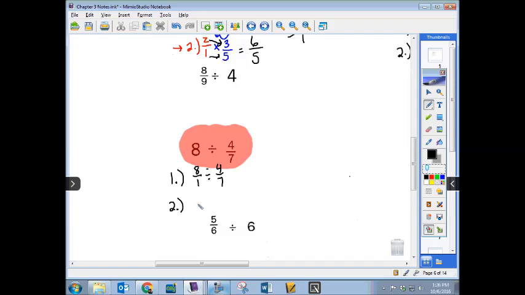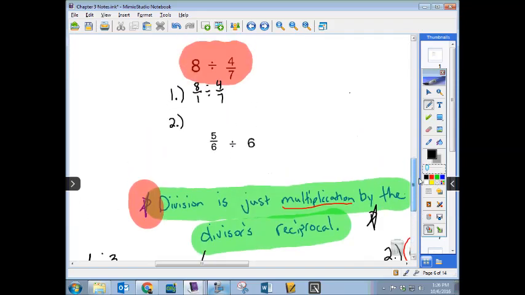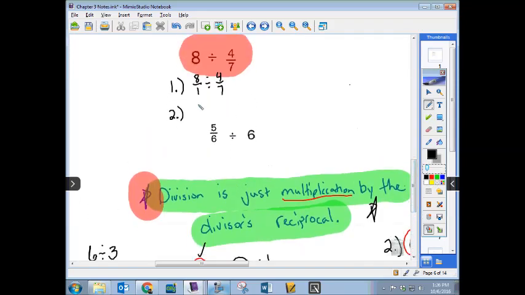Okay, then we're going to do that little sentence right there. Division is just multiplication by the divisor's reciprocal, 7 over 4. Okay, that's going to give us 56 over 4. Okay, now we're ready to divide. 4 goes into 5 one time.